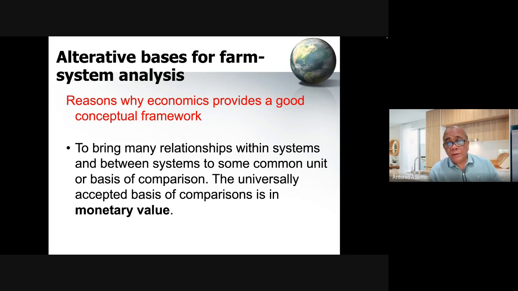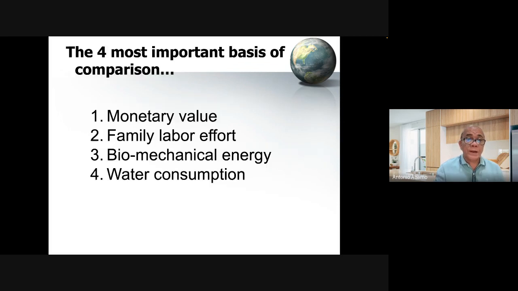Therefore, the universally accepted basis of comparison is monetary value. If you convert everything to monetary value, as much as it is possible, then the economic analysis will be very useful as a framework also. Now, there are four most important bases of comparison in economic analysis.